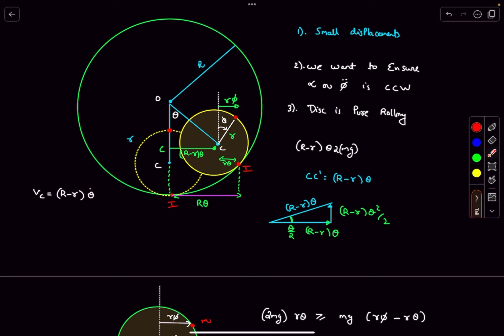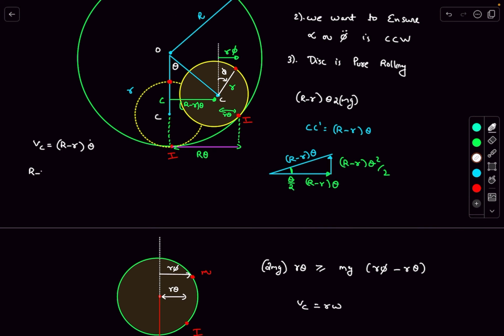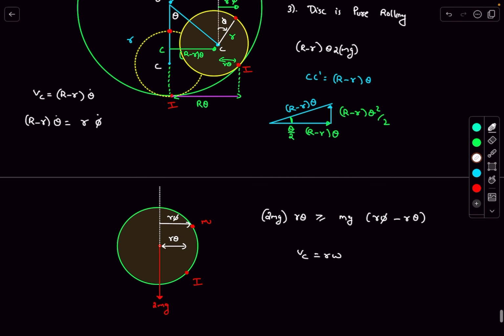And what is theta dot? The omega with which this line is rotating. So the faster it rotates, the faster the center of mass moves. The rate of change of this angle theta is theta dot. So capital R minus small r times theta dot should be equal to small r times omega of the disk, where the radius of the disk is smaller, and the omega of the disk is the derivative of phi, which is phi dot. Now you can just integrate this expression and we'll get a relation between theta and phi.